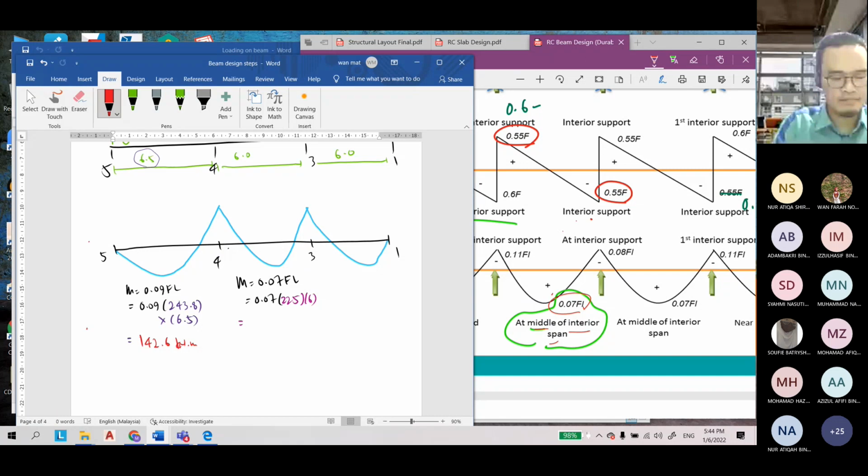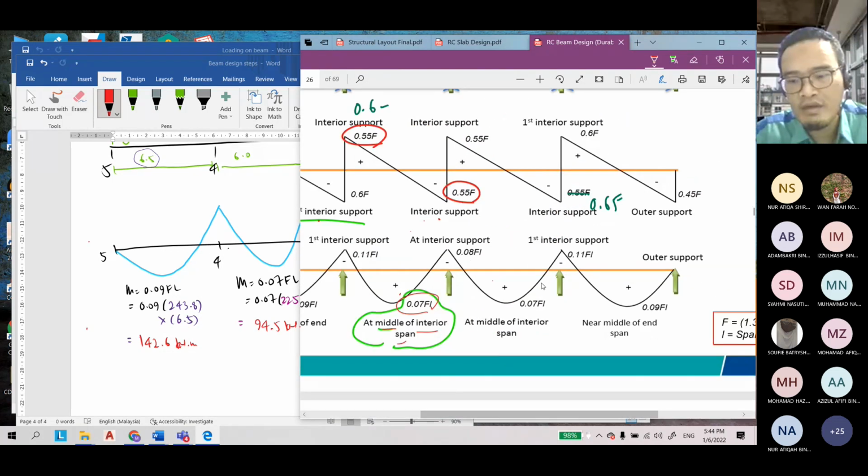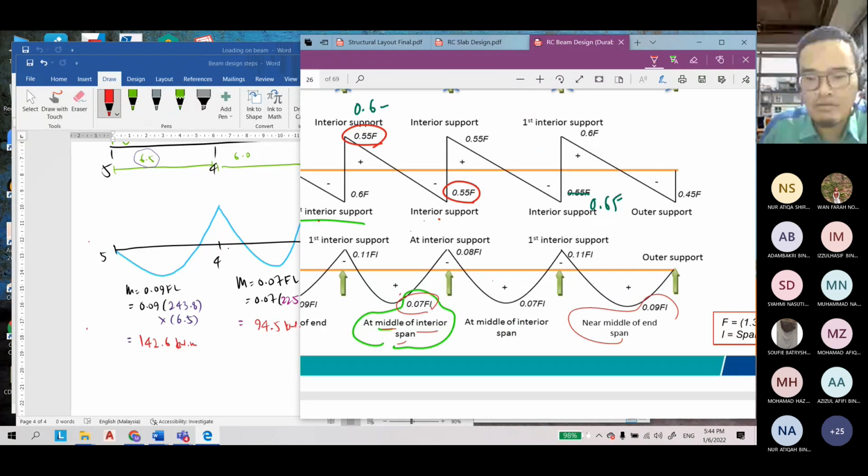94.5 kilonewton meter. And then here, similar, near the middle of the end span, also 0.09 FL.